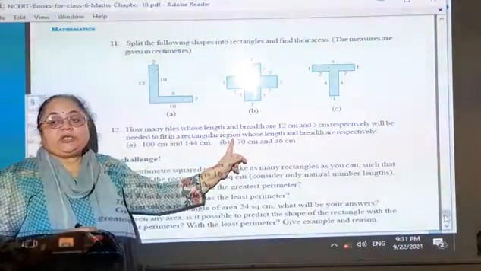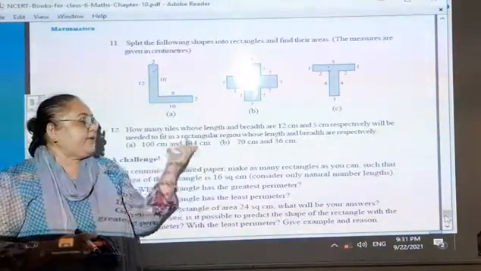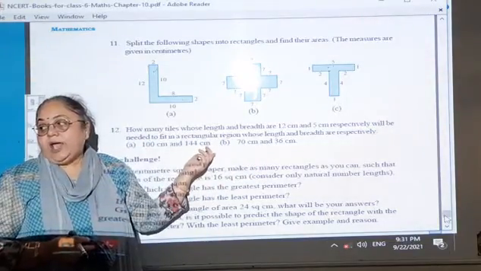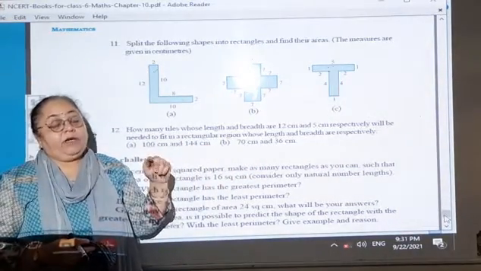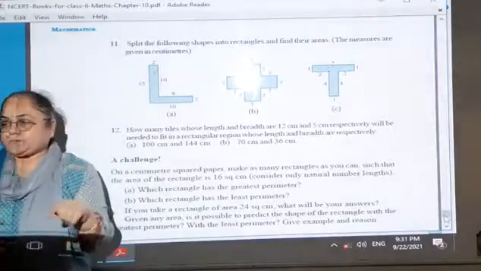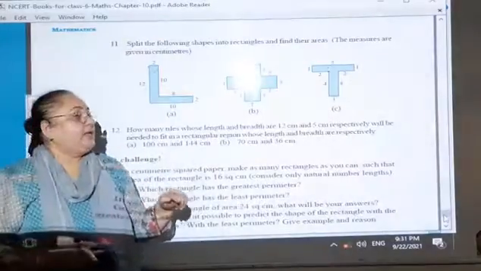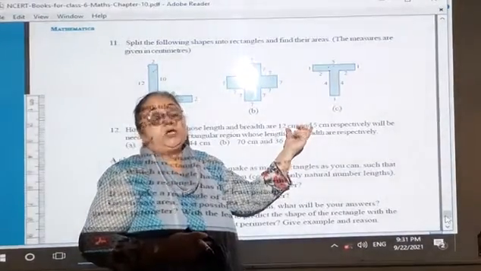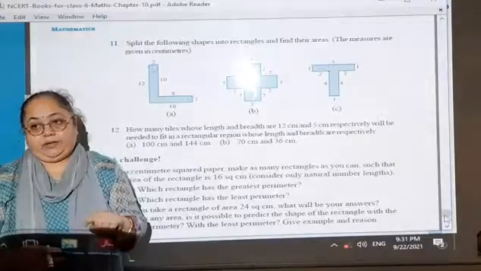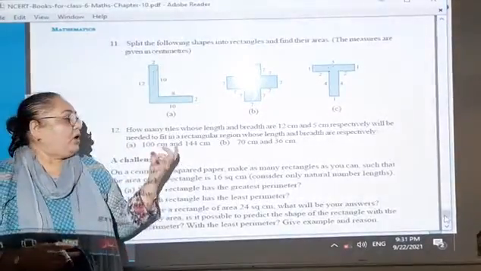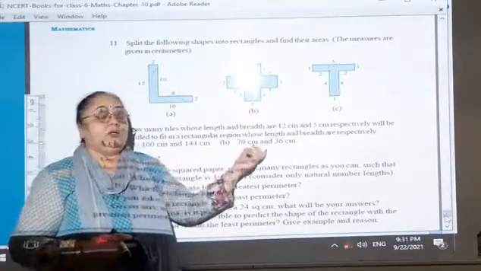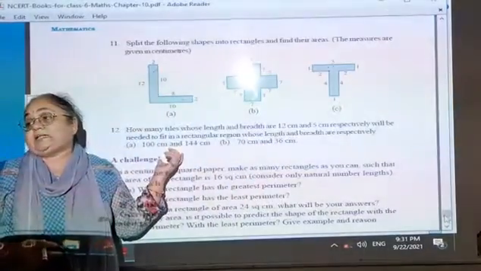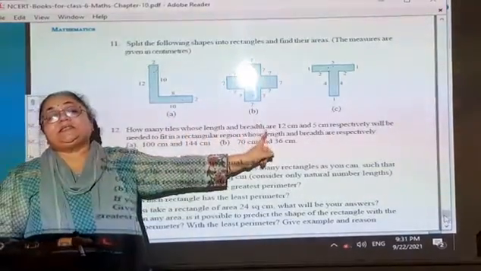And what is the question given over here? If these measurements are of rectangular region and on that region we have to fix the tiles. And to fix the tiles, the measurement of a tile is also given here, one tile. So how many tiles do we need to fix on this measurement region and on this measurement region? The regions' measurements are different, but the tiles' measurement is the same.